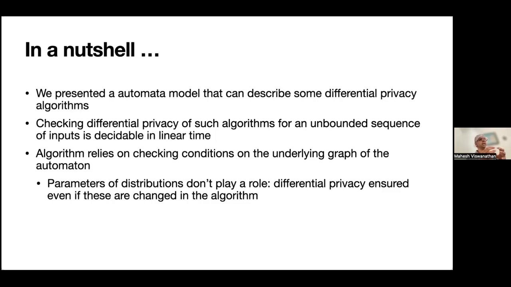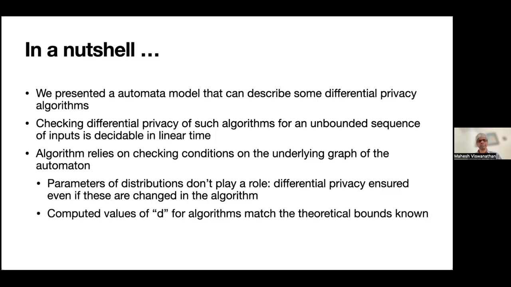So if I establish differential privacy of an automaton with certain values decorating the state parameters, then the same proof also allows us to establish a slightly modified differential privacy claim for automata where those parameters are tweaked. So it gives you an algorithm that allows you to get differential privacy proofs for a variety of parameter values that are set in the automata.